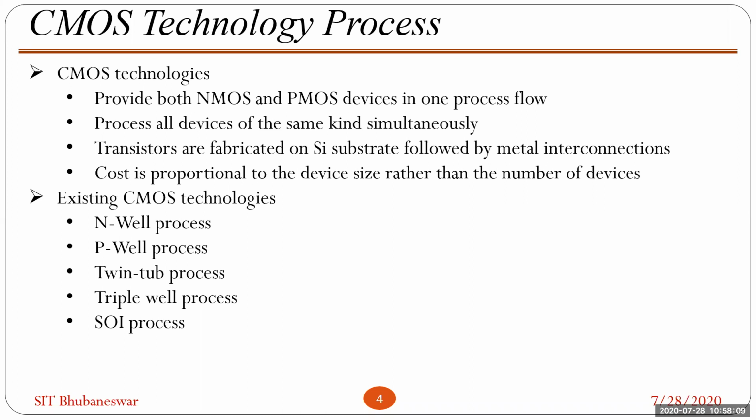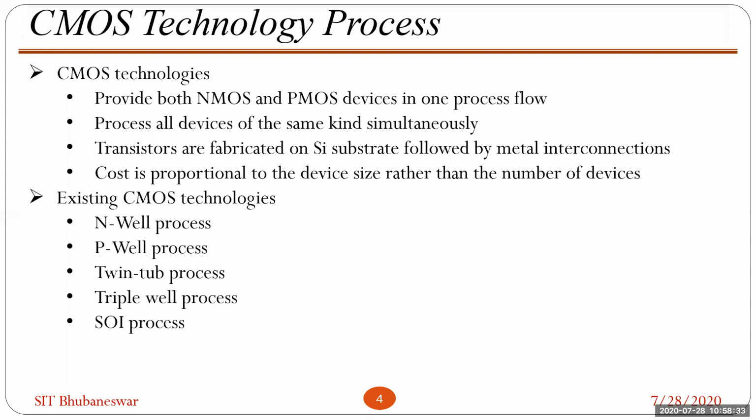And the metal interconnections come after the transistor fabrication. So we do the metallization. Metallization means we connect the metals: for source contact, drain contact, then poly body. We contact the metal, then take that metal contact to upper levels.